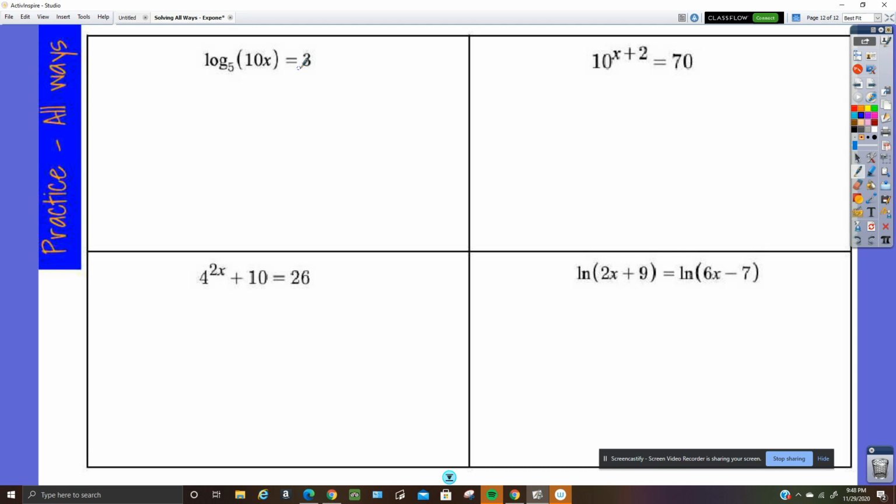This one doesn't have the same base. We can take the base 5. This is going to be the exponent. And then divide by 10. So 125 divided by 10 is 12.5.